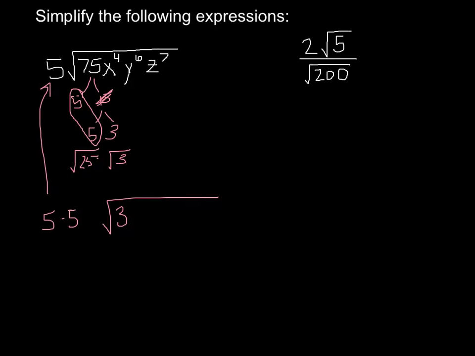So looking first at the x to the 4th power. Personally, I think this is the easier part, because all you have to do is divide that exponent by 2 in order to take the square root of it. X to the 4th power, the square root would be x squared, because x squared times x squared is x to the 4th.